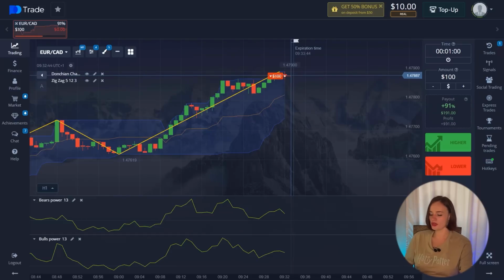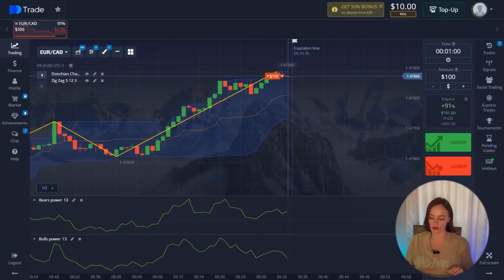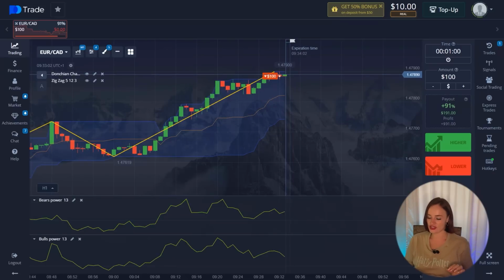After all, the bullish power line, which is responsible for the strength of buyers, was lower than the bearish power line, which shows the strength of sellers. From this, I concluded that sellers will be stronger and will be able to lower the price. The zigzag indicator line was at a local maximum, which partially confirmed my forecast.